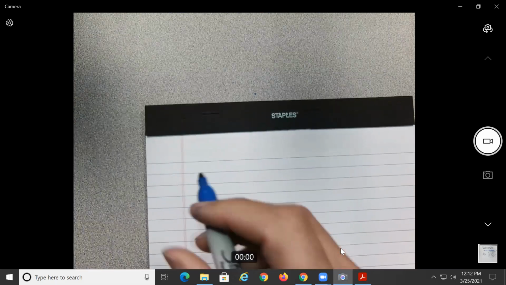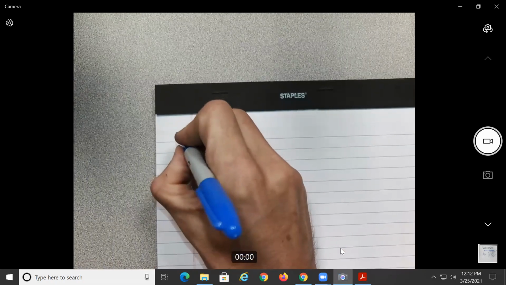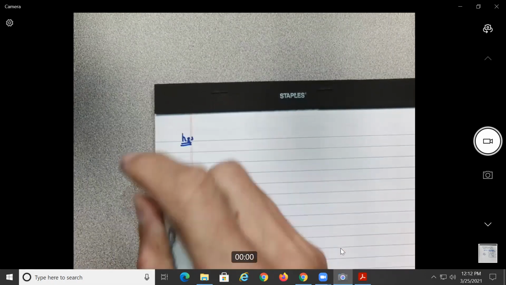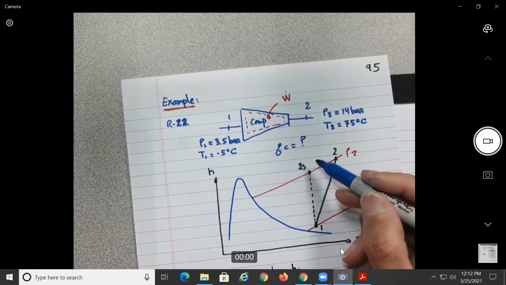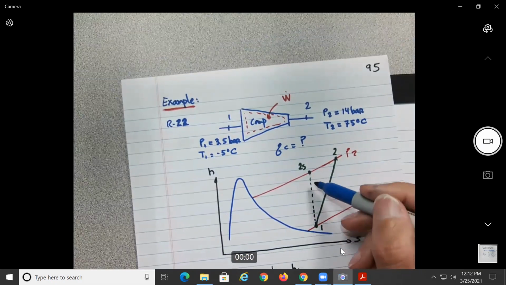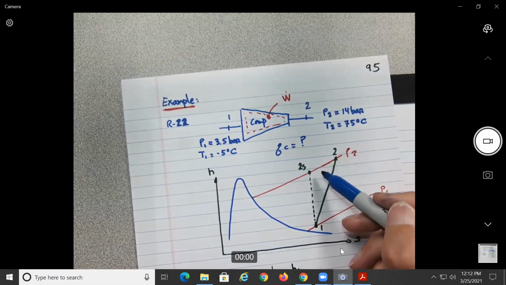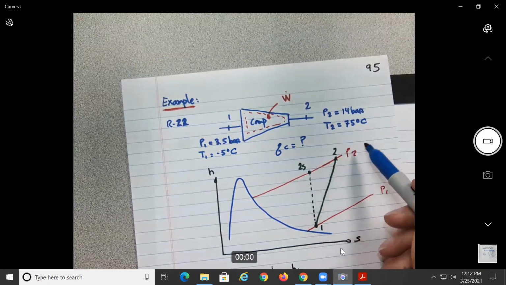So we need to find H2S. So again, the state will still be superheated vapor, no? We need to know two things at this point. Do we know two things? We know the pressure, no? What is the pressure?